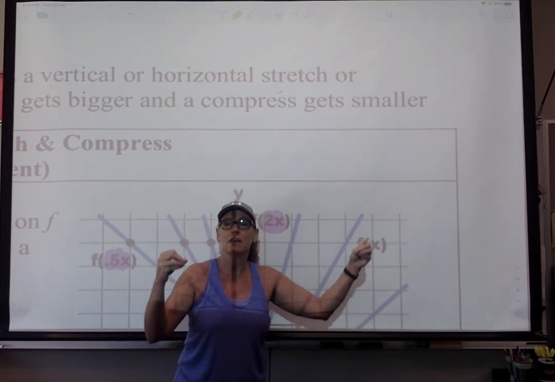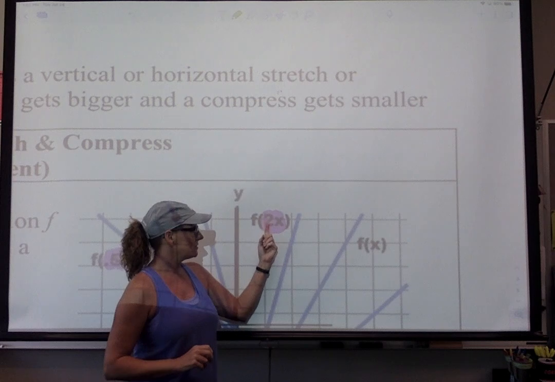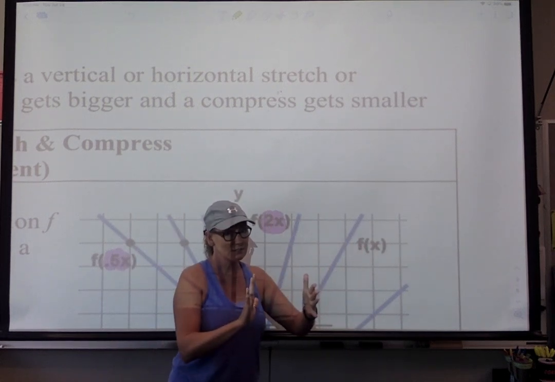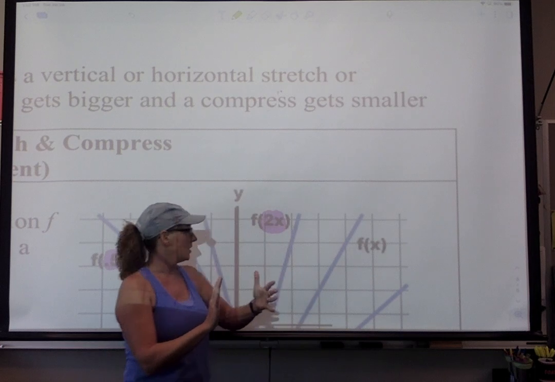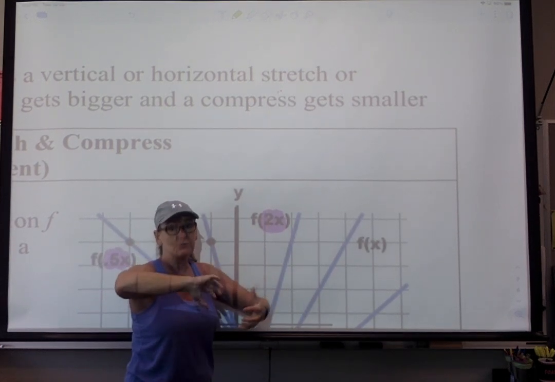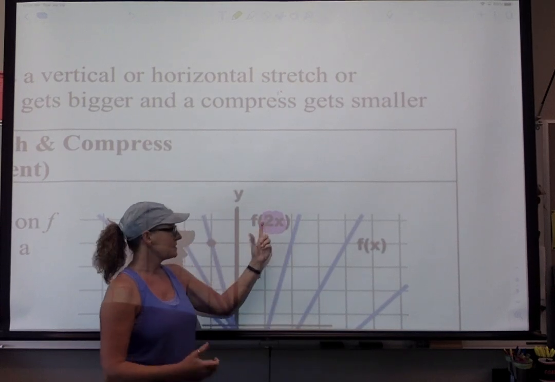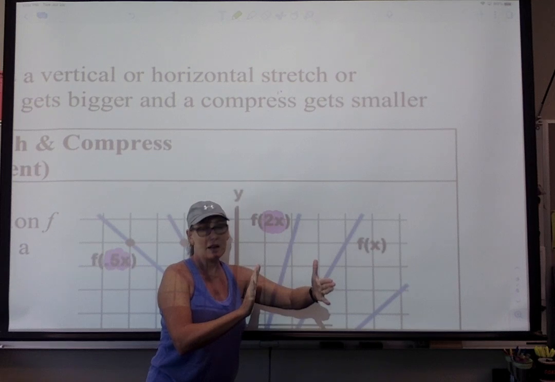No, because everything that's horizontal is backwards. This actually compresses horizontally by a factor of not 2. Turn the 2 upside down. We're going to use the reciprocal of that. This is going to horizontally compress by a factor of 1/2.